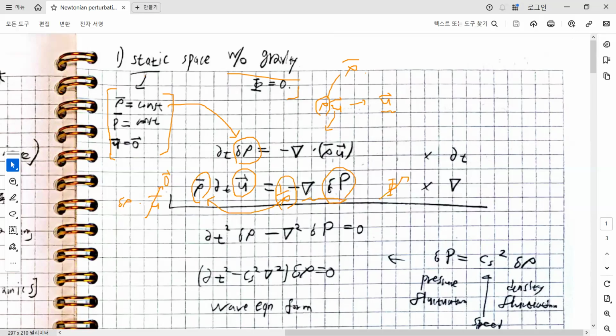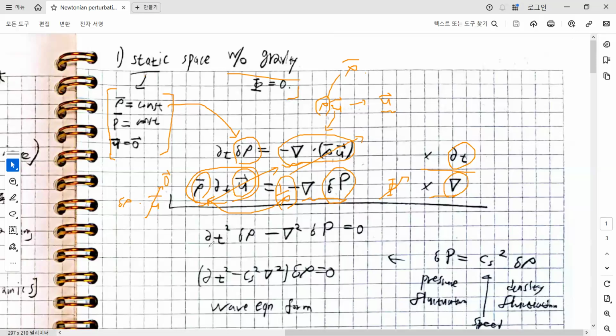If we take the time derivative of the first equation and the partial derivative of the second equation, then some terms on the right hand side vanish. For instance, the right hand side of the first equation and the left hand side of the second equation cancel each other out.